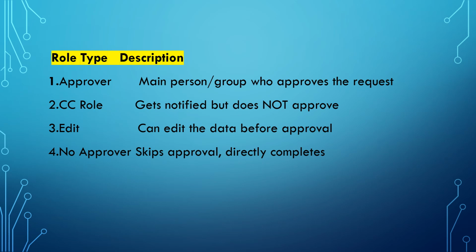Once it edits the workflow approval, it goes to either the previous approver or to the next approver. No approver behavior is something which is at the final stage wherein no action is required from the approver.